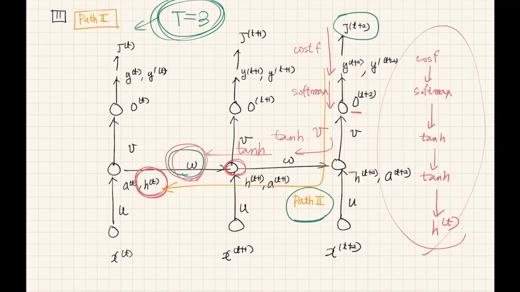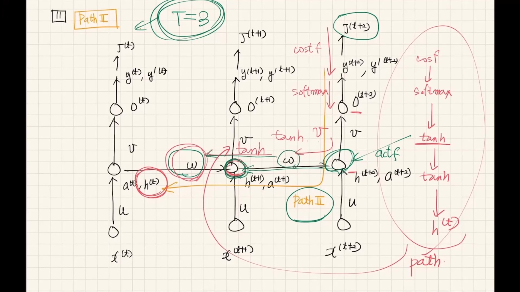This is the path for t equals 3. So here we see why we need the tangent hyperbolic function, because that is the activation function of hidden layer t+2. And when this function is connected to h_t+1, we have to multiply by W, but it also has to go through another activation function, the tangent hyperbolic function.